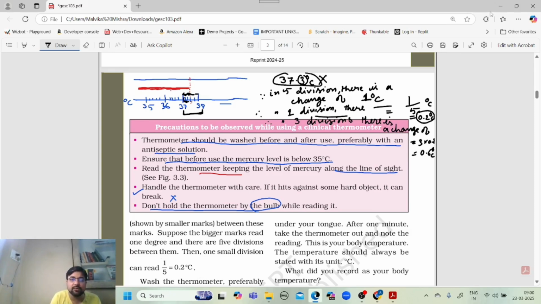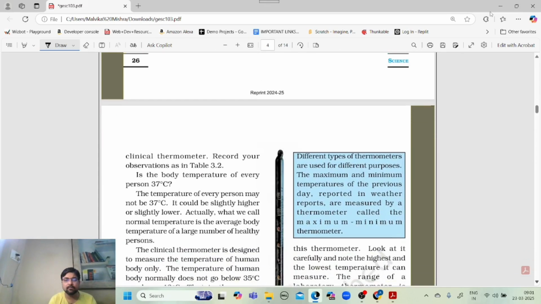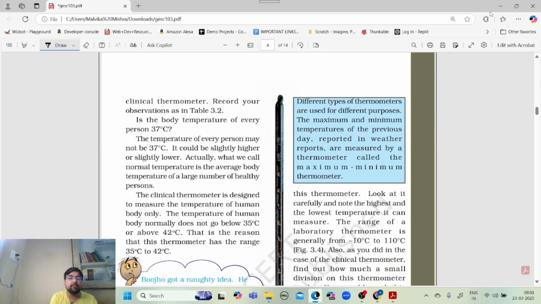So it will not be 37.3, but 37 plus 0.6 degrees Celsius, that is 37.6 degrees Celsius. So this is the correct reading. Generally you will find the body temperature remains at 37 degrees Celsius.